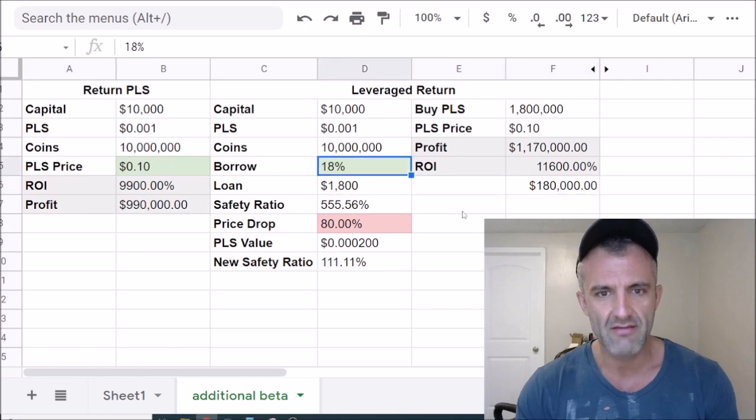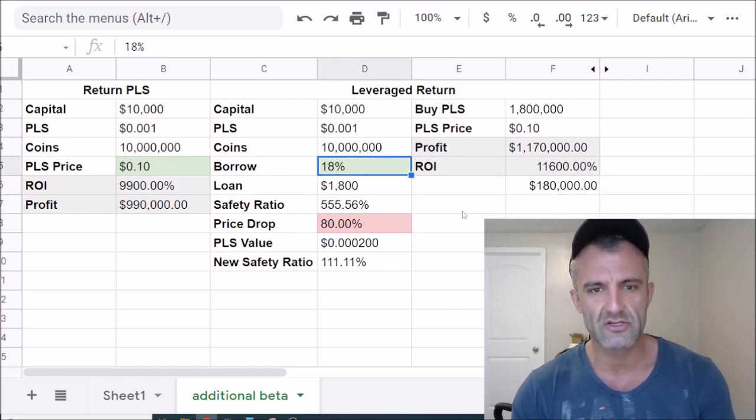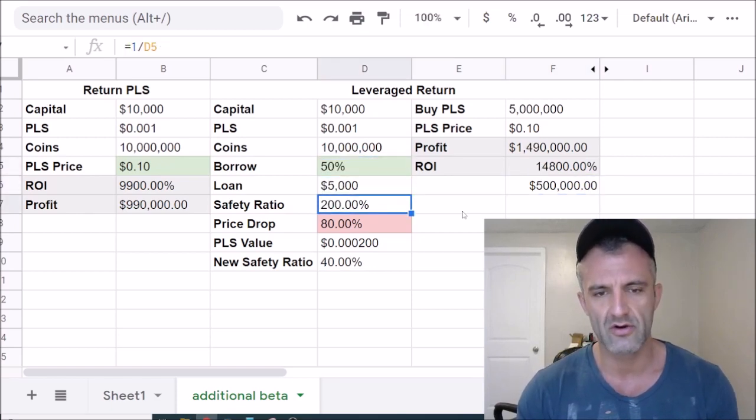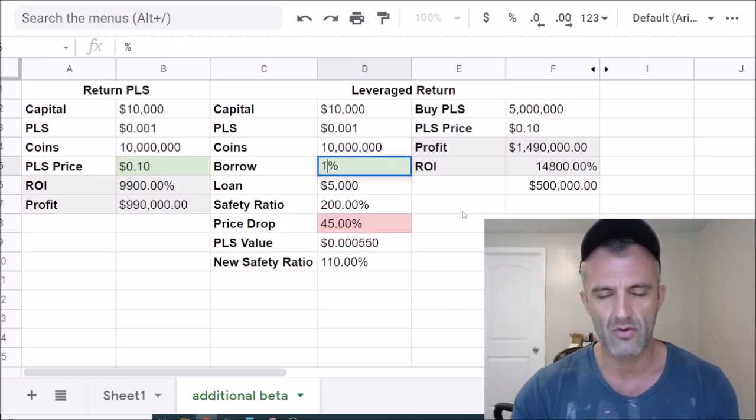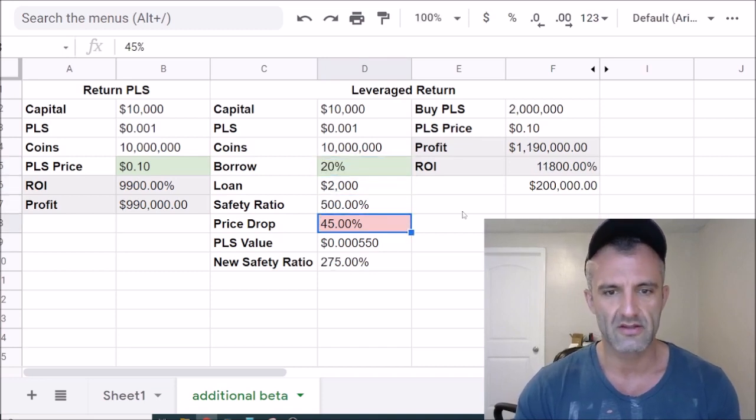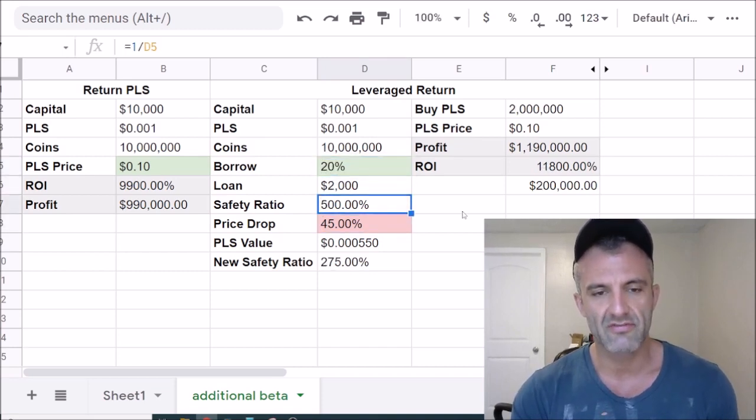$180,000. So even though we reduce the risk, because we had this at 50%, we're at a 200% safety ratio. That means the price only has to drop by 45% for us to get liquidated. Now, if we go down to about 18 or 20%, if we go to 20%, that's what it was, 20% gives us a 500% safety ratio.